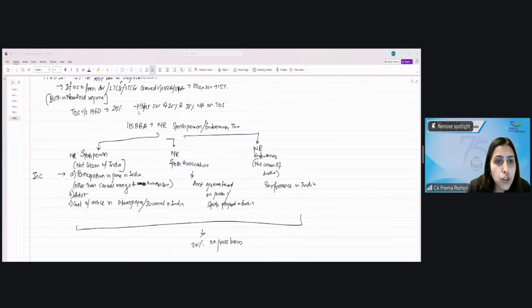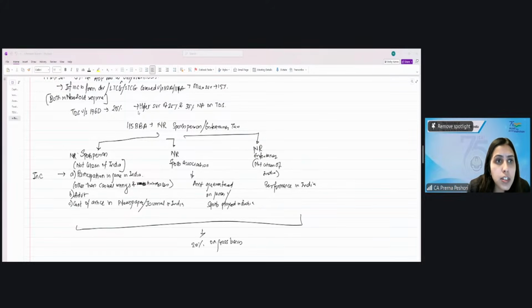There's a specific provision which is applicable in respect of the non-resident sports person or the sports association. So 115BBA provides a tax rate in that particular respect. What does it provide? 115BBA says that in respect of this, there will be tax rate of 20% under 115BBA.